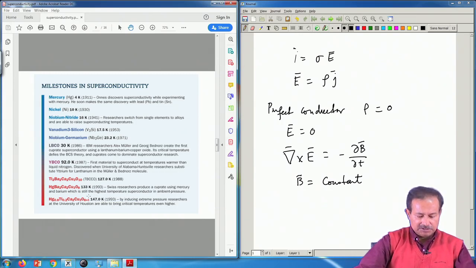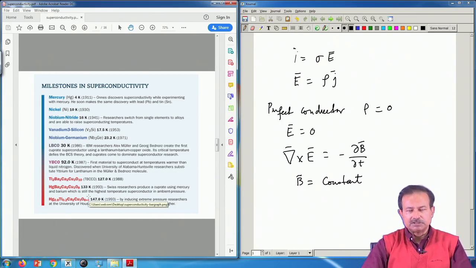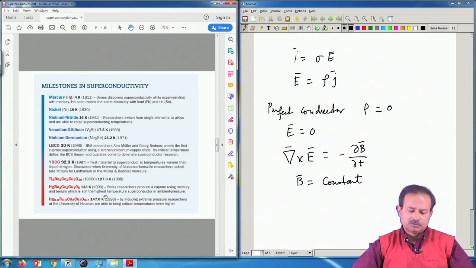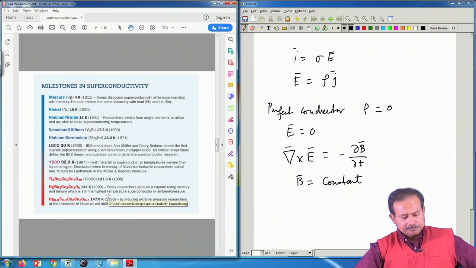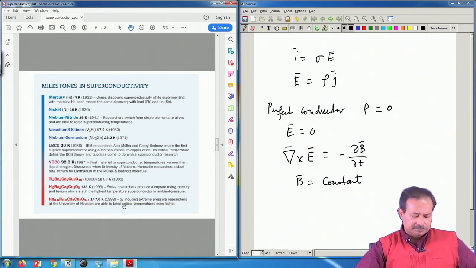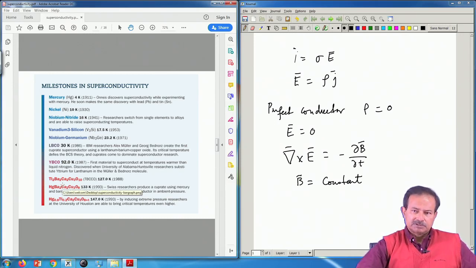These were the high temperature superconductors till some years back, but then of late, a group from Germany, Drozdov and company, found superconductivity at high pressure in hydrides, and that has now come up to about 250 degree Kelvin or thereabouts. But that is at an extremely high pressure, 140, 150, 170, 180 GPa, gigapascal.